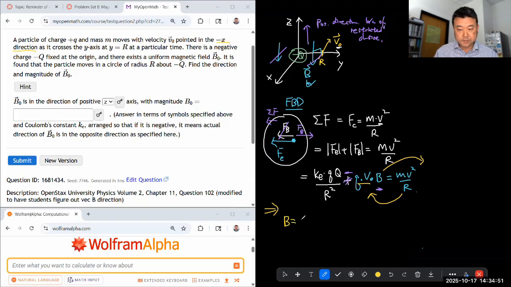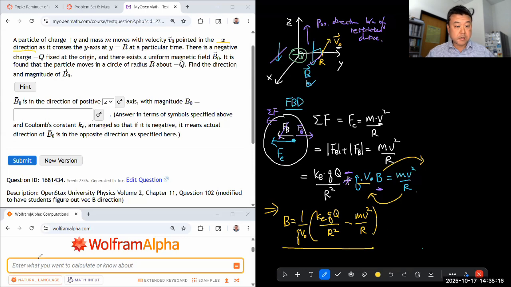So B is equal to what I get after moving terms around: k e Q q over r squared minus m v squared over r. And then I'm dividing everything by Q V naught, so 1 over Q V naught. So that should be my expression for the magnetic field. I think those are all the symbols I have.